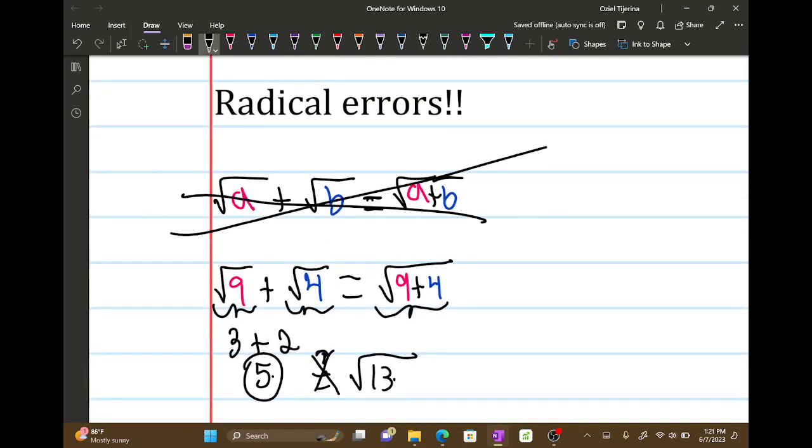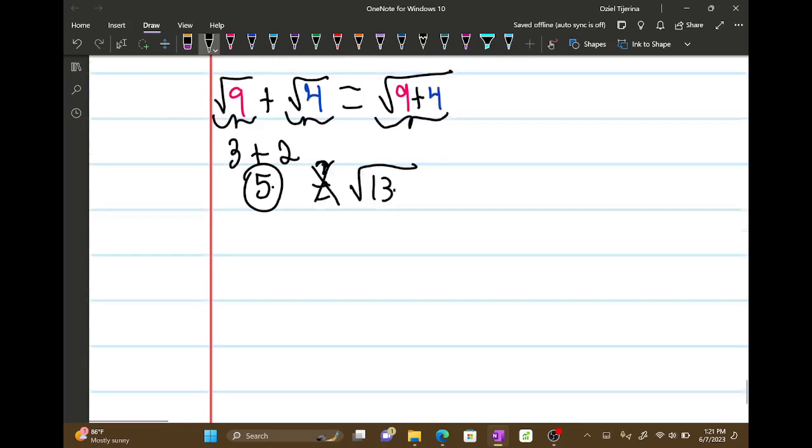This does not work. When you're adding or subtracting square roots, you have to be careful and not think that you just make it into one radical and then add them. No, you do not do that.